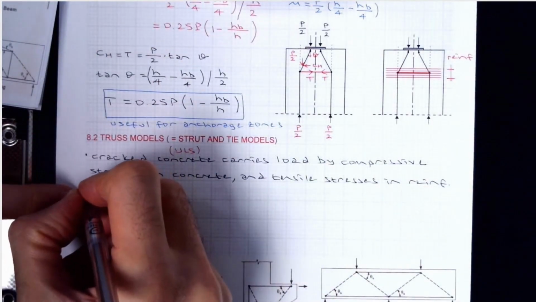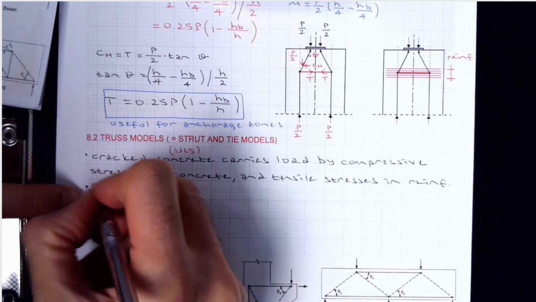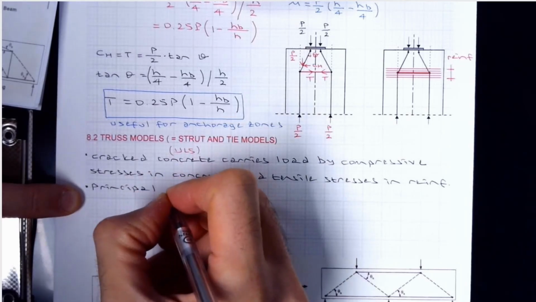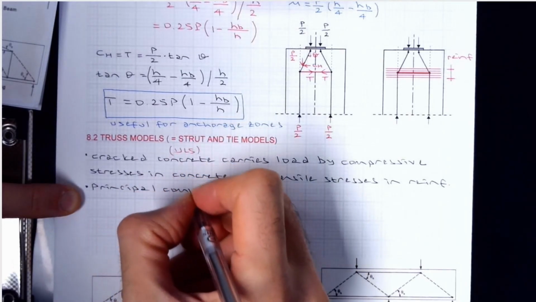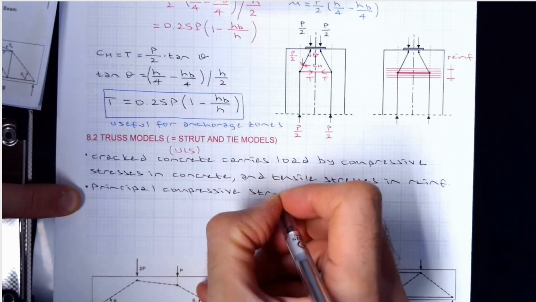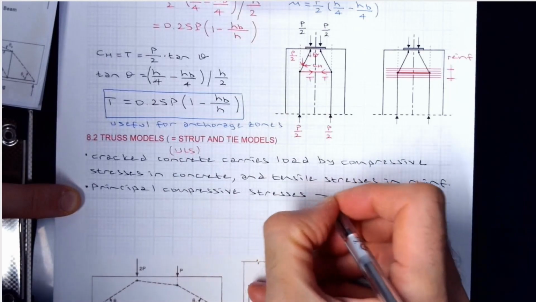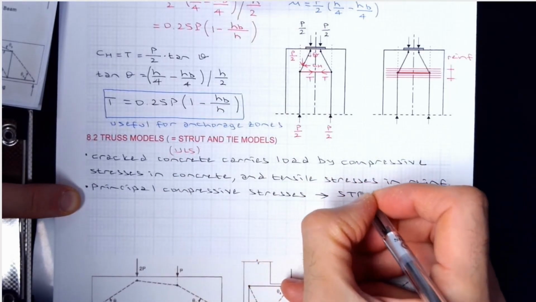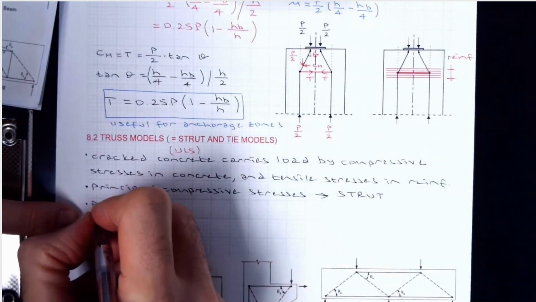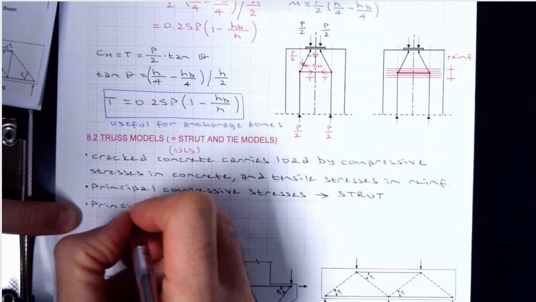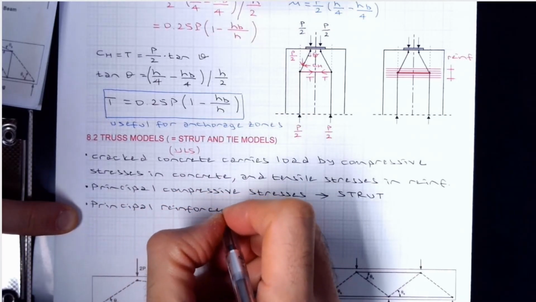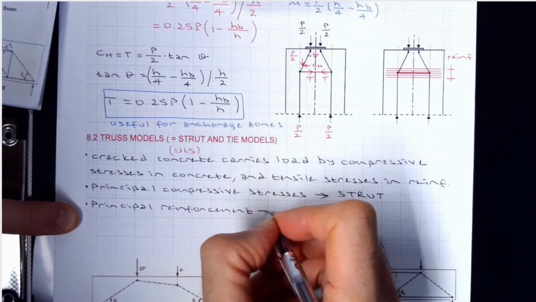Okay, so how would we idealize this? Principal compressive stresses would be your struts. Principal reinforcement would be ties.